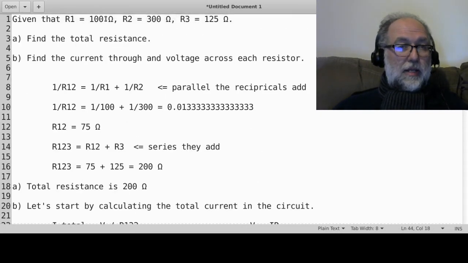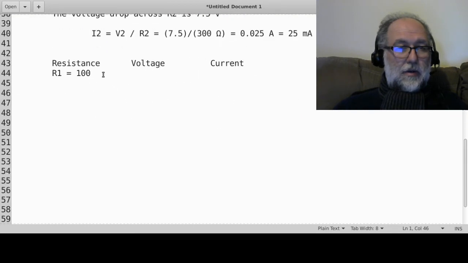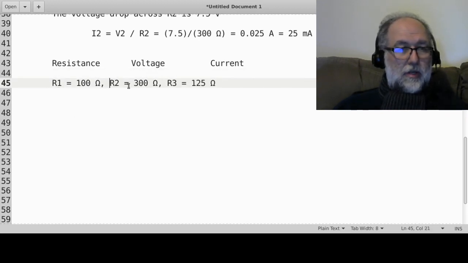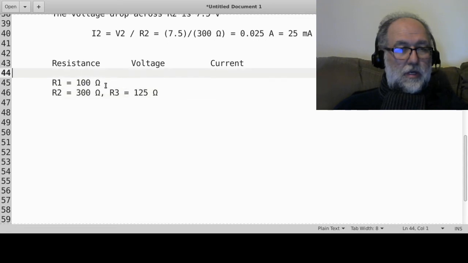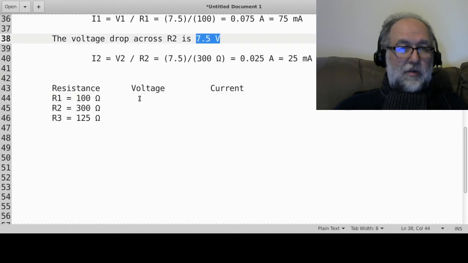So back over here, remember that R1 was 100. Let me just cut and paste all these actually. Copy. Okay. Down here. Paste. So R1 was 100, R2 was 300, and R3 was 125, like that. The voltage drop across R1 we found was 7.5 volts.